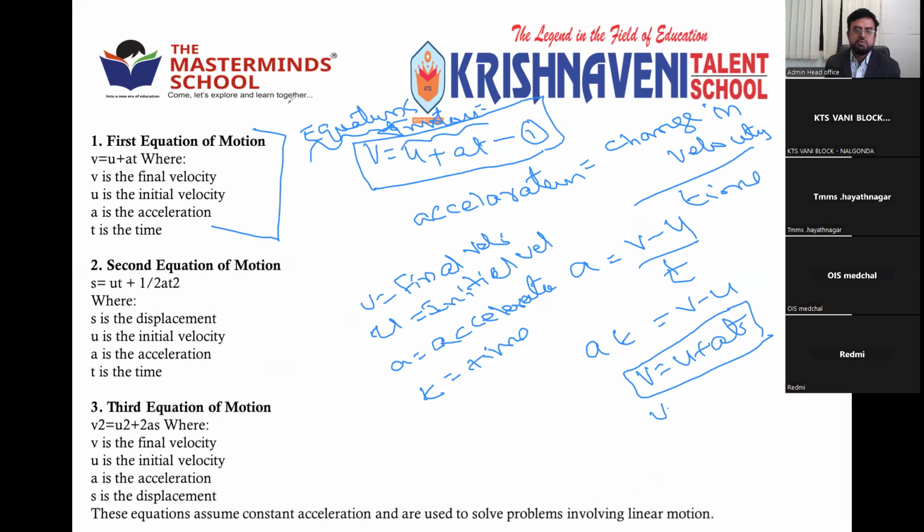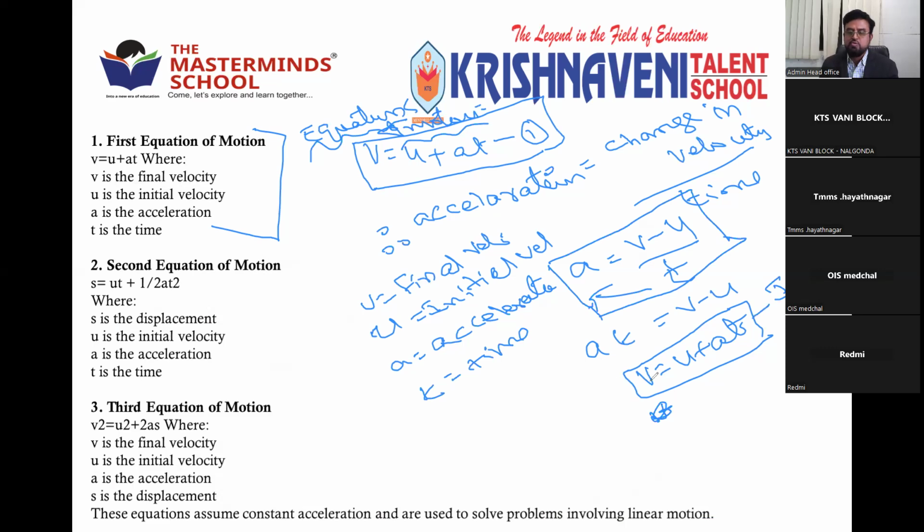So, the first equation of motion is V is equal to U plus AT, which you obtained from the definition of acceleration. According to the definition, change in velocity by time is mathematically given by A is equal to V minus U by T. From that we got AT is equal to V minus U, or V is equal to U plus AT. Say equation 1.